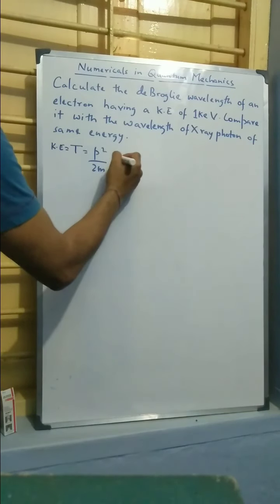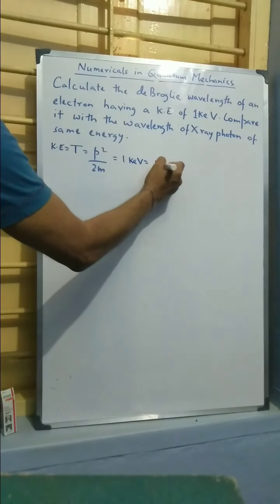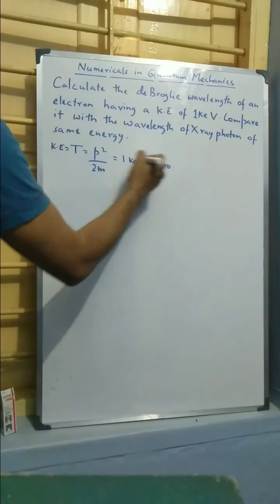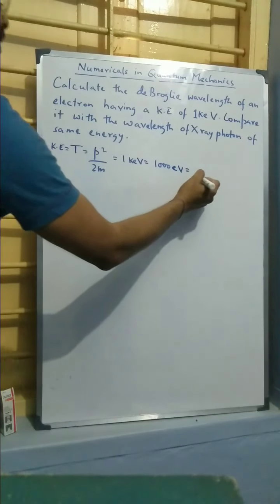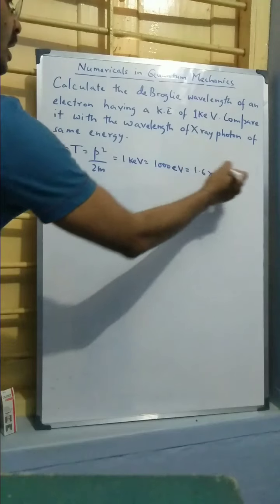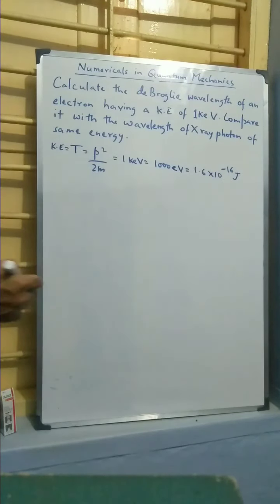The kinetic energy is given as 1 keV, which is 1000 eV, which is equal to 1.6 into 10 to the power minus 16 joules, because 1 eV is 1.6 into 10 to the power minus 19 of a joule.